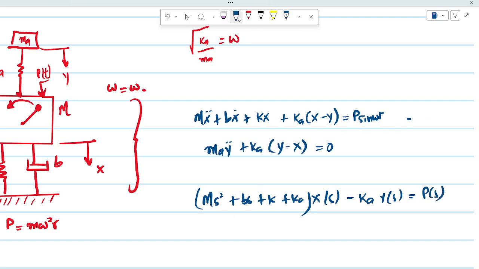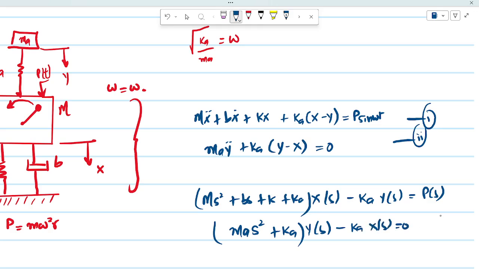And for this equation 2, we will have (ma s square plus ka) into y of s, minus ka x of s, equal to 0. Let's call it equation a, and let's call it equation b after this one.